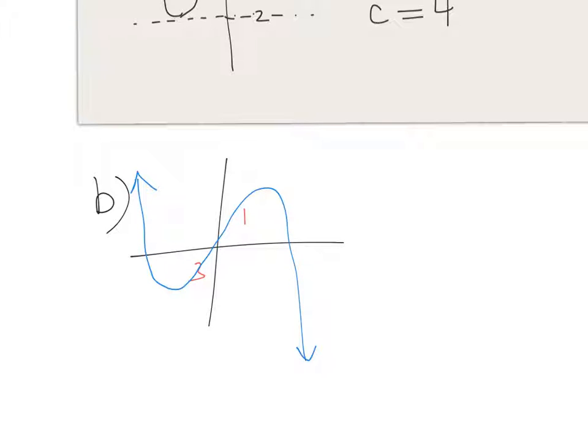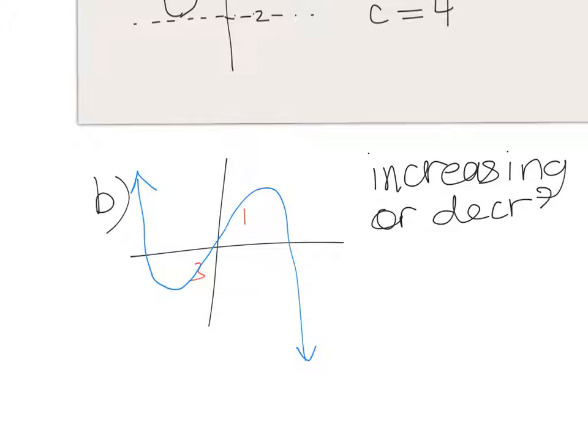Okay, something like that. So here, does anyone know, would I say that this cubic function is increasing, or would I say it's decreasing? Is this increasing or decreasing? And I hear people saying it, it's decreasing. And like I said, people have trouble telling sometimes.